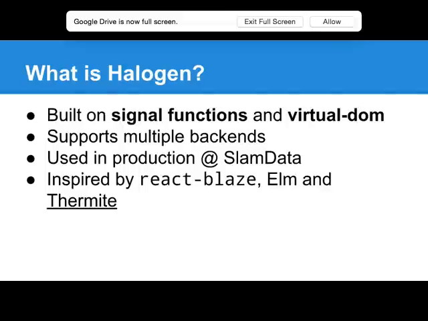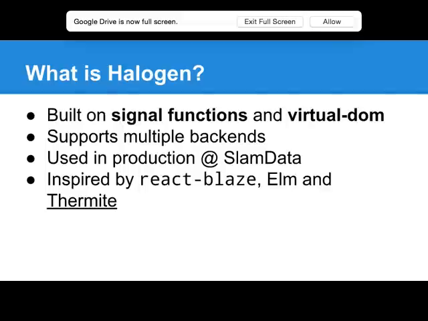And it's inspired by a few libraries. There's a library called React Blaze, which is written, I think, for GHCJS, but in Haskell. It's a wrapper for React which uses the Blaze HTML templating library and these kinds of FRP ideas. And also Elm, so if you're familiar with Elm, signal functions are a variant on that idea.